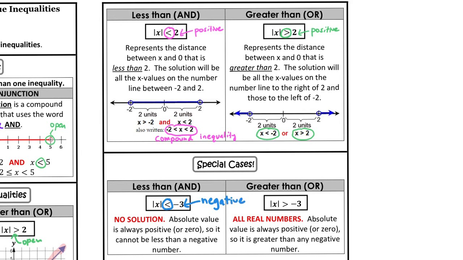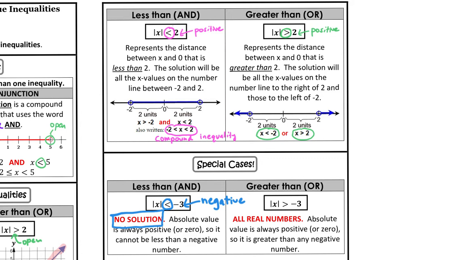If I have less than a negative number, then what's my answer going to be? No solution. Okay, why is it no solution? The absolute value is always positive or 0. Right? Anything you put in the absolute value always becomes positive, or if it's 0, it's 0. So it cannot be less than a negative number. So this is a false statement.